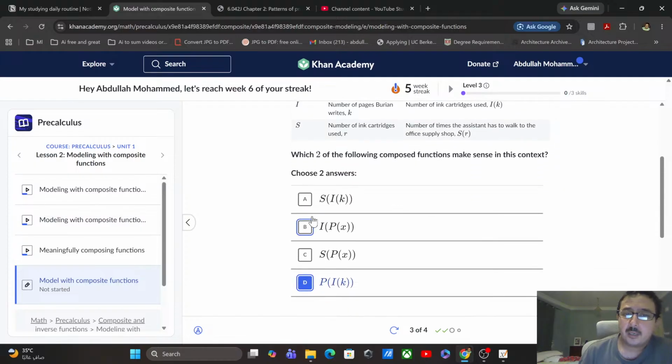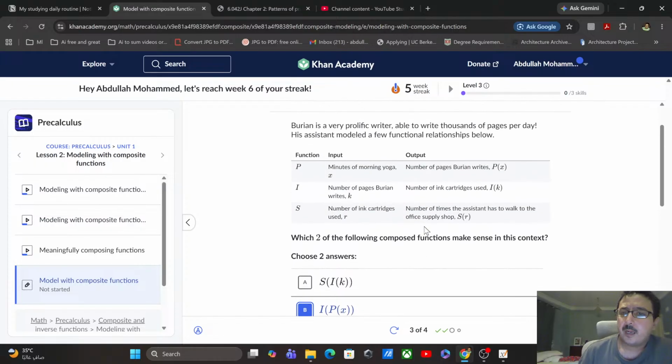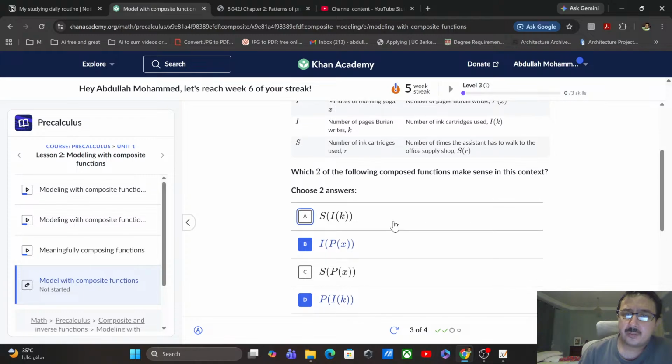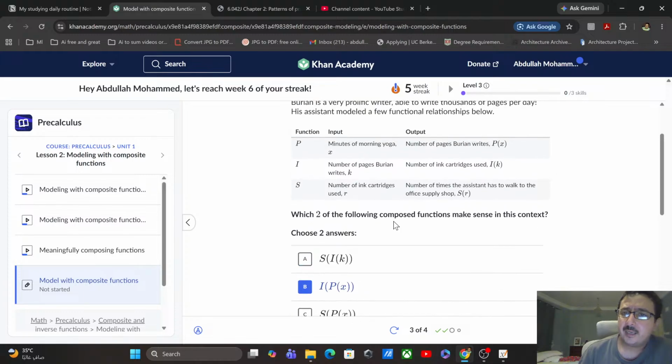I P X, because this is getting pages and this is number of pages. So I P X works. And this P I K, K is going to give number of cartridges.